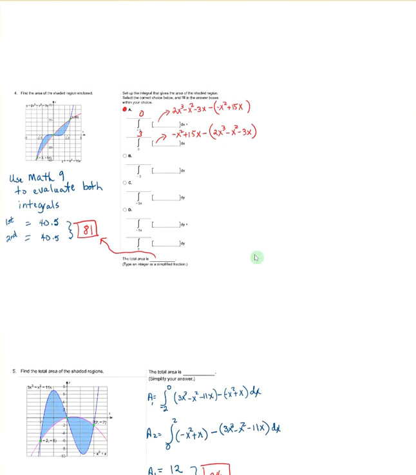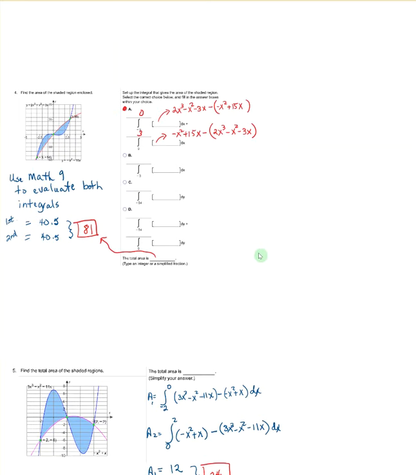Number 4, you should be able to use the Math 9, and we had to pick the correct one. We know this goes from -3 to 0 and 0 to 3. So we're looking for something that has -3 on the first integral and then a second one. We had a -3 here, but there's not a second integral.